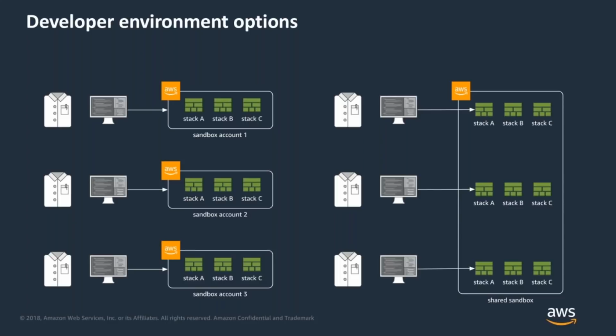You're only going to pay for it when it gets run. And so as a result, it's very feasible now to have dozens of different application stacks deployed out into various sandbox accounts, so that every developer on your team has the ability to build and run the full stack in an environment that mirrors production very closely.